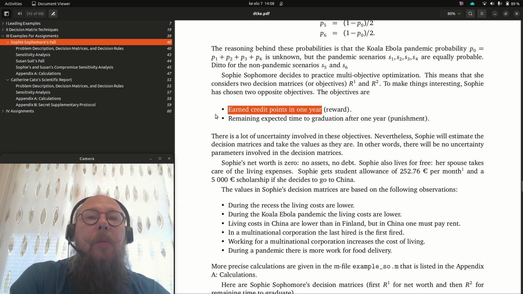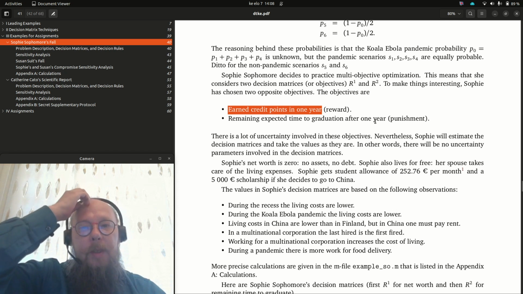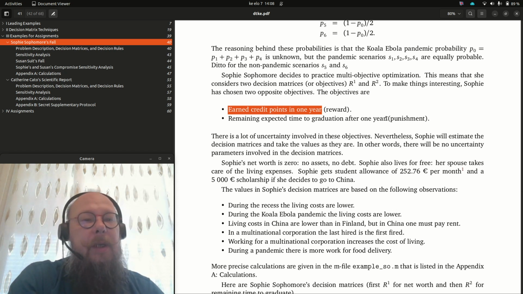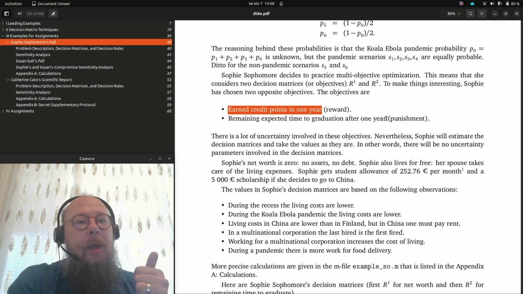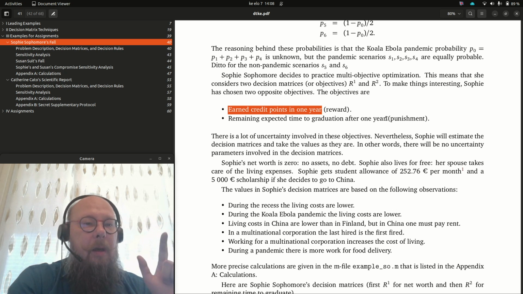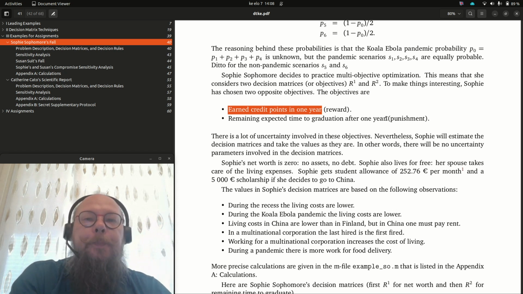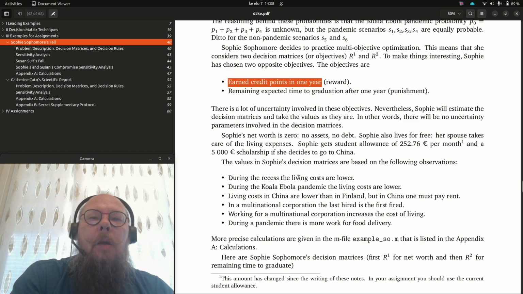So there are two objectives. So she wants to have as much money in 1 year, and then the expected time to graduation is the other objective. So these are now opposite, because you get money by working, but you get credit points by studying. So you see that there are two competing objectives now. So let's analyze a little bit of the net worth. So this here is wrong. Sorry about that.